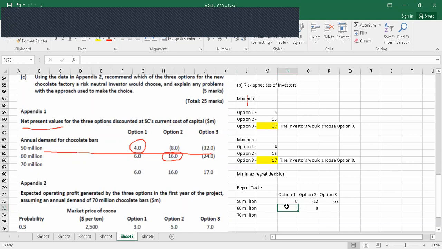But let's say they have chosen option 1 and demand happens to be 60 million. They will earn an NPV of 6, where they had an opportunity to earn 16 by choosing option 2. Now they have foregone 10. 10 is their opportunity cost. So here the opportunity cost is 10 for them.